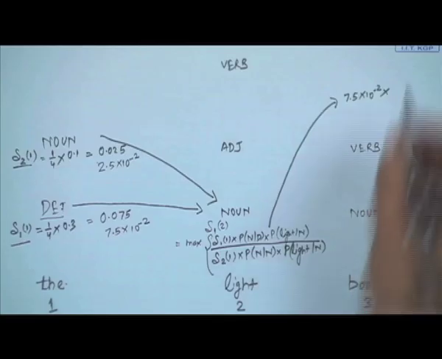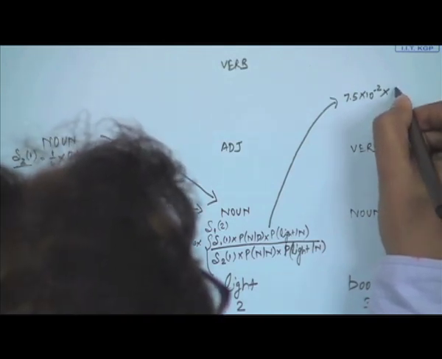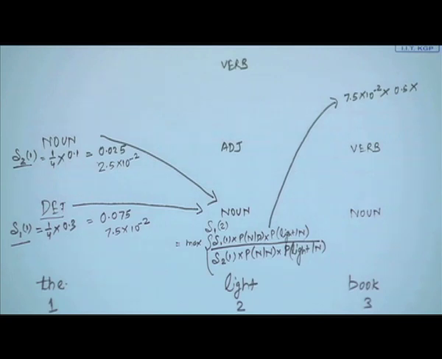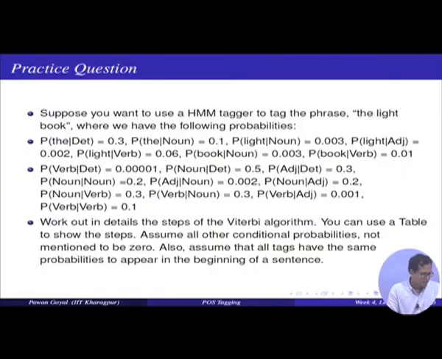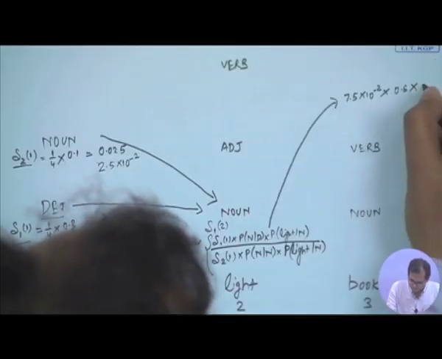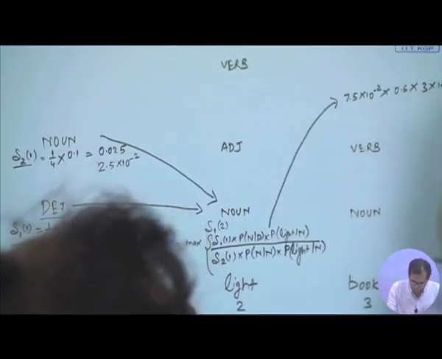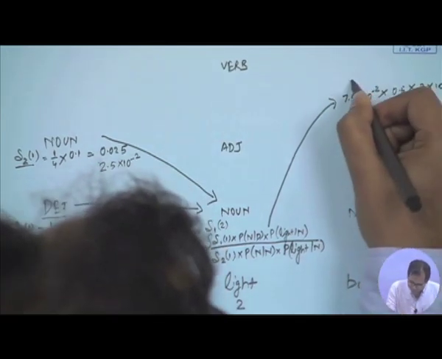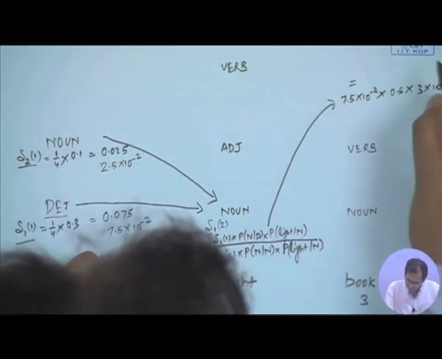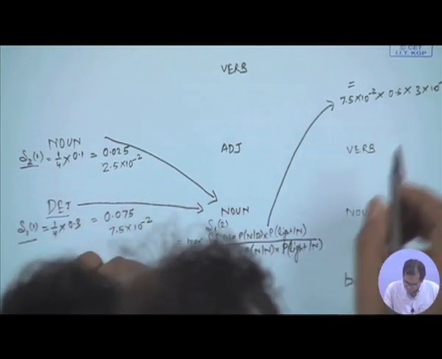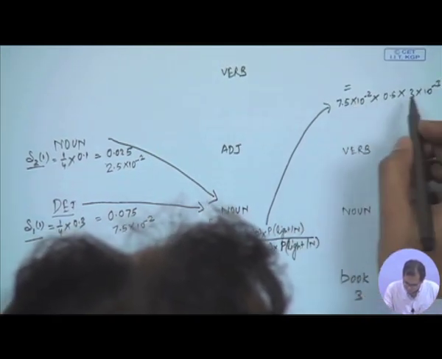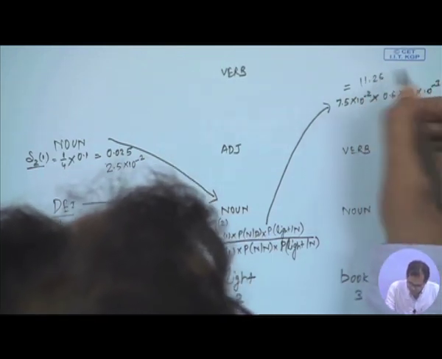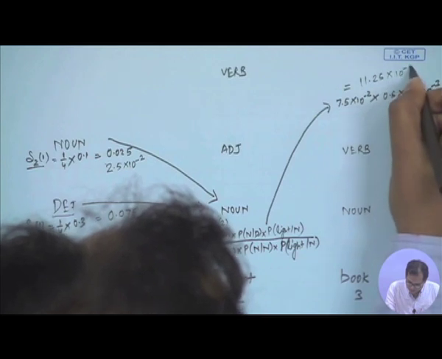Noun given determiner is 0.5 and light given noun is 3 into 10 to the minus 3. Okay, and this gives me 3.75 into 3, 11.25 into 10 to the minus 5.